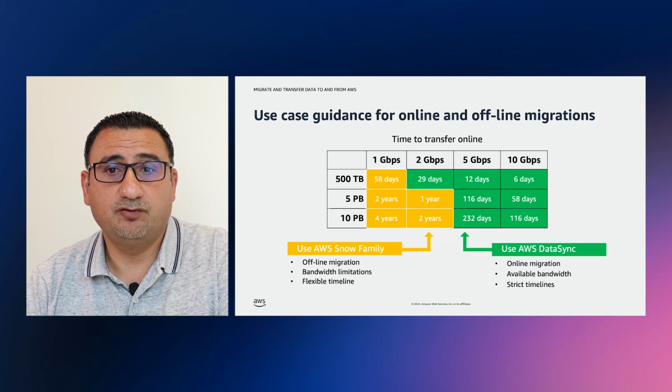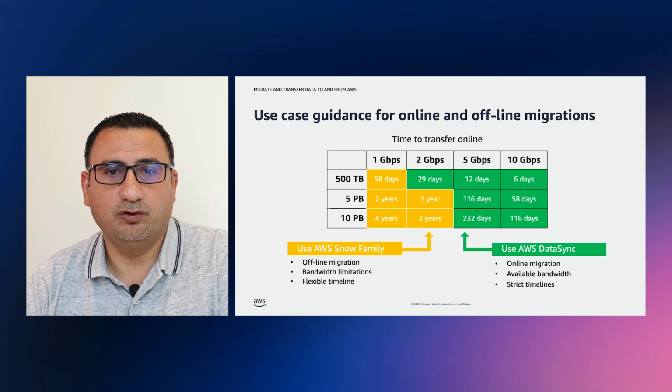On the other hand, if we had a bigger bandwidth, say 2 gigabit per second, it would take us about 29 days to transfer that 500 terabytes of data, which is a reasonable time frame for most use cases, as it is a long enough duration for you perhaps to plan for other workloads' migration to the cloud while the transfer is going on, which usually comes hand in hand with data migration, but not long enough to block or hinder the implementation of the migration of these other workloads.